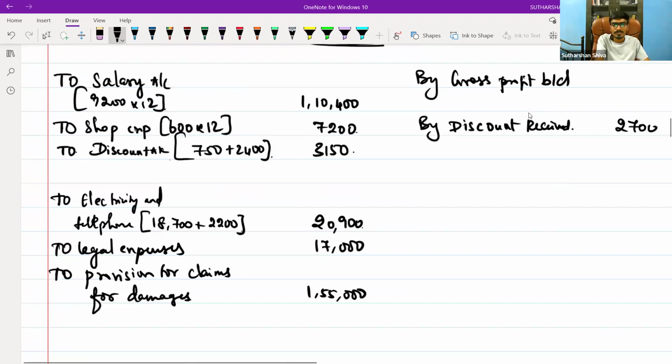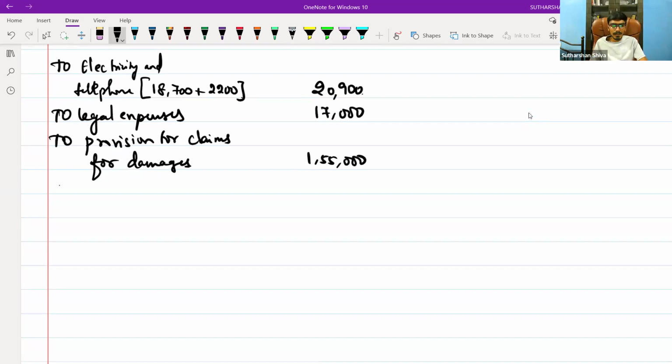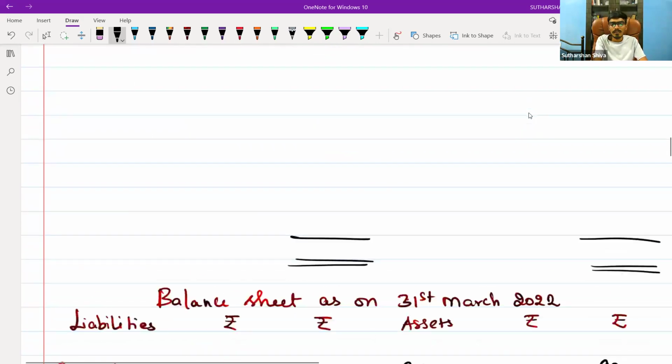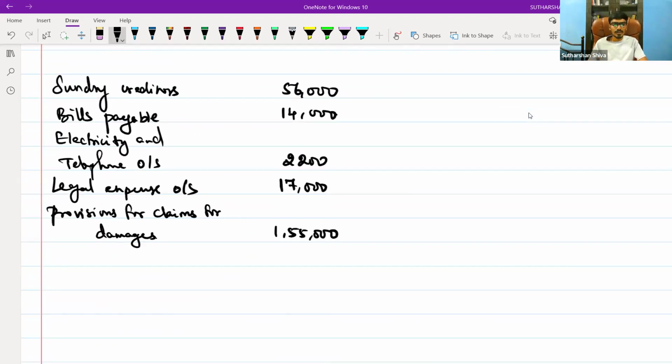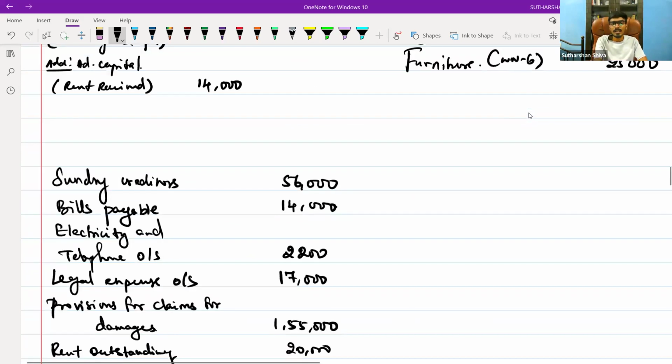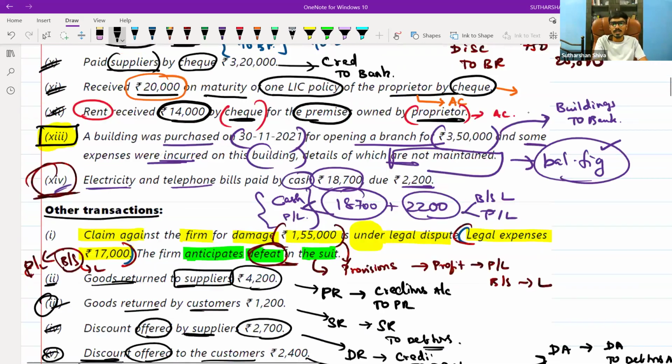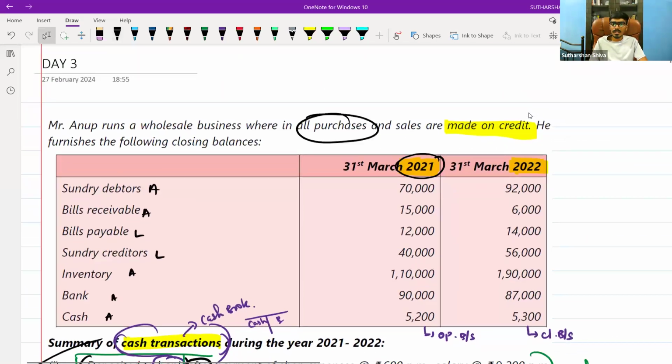On the debit side of the P&L, I will write down rent outstanding, 20,000. In the same way, in my balance sheet, I will write down rent outstanding, 20,000.